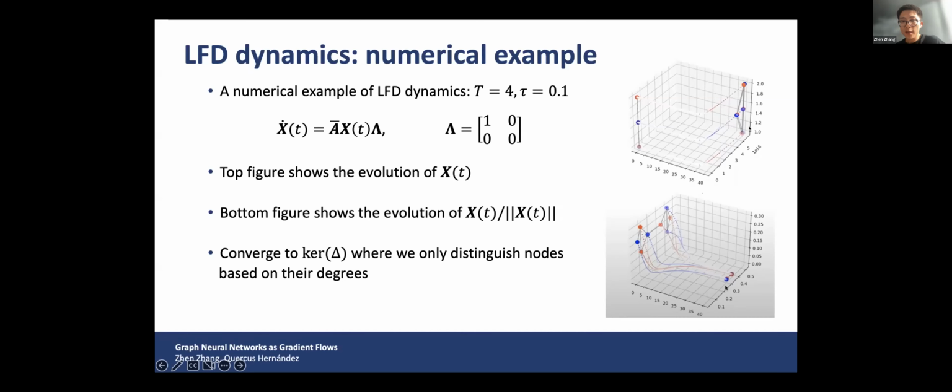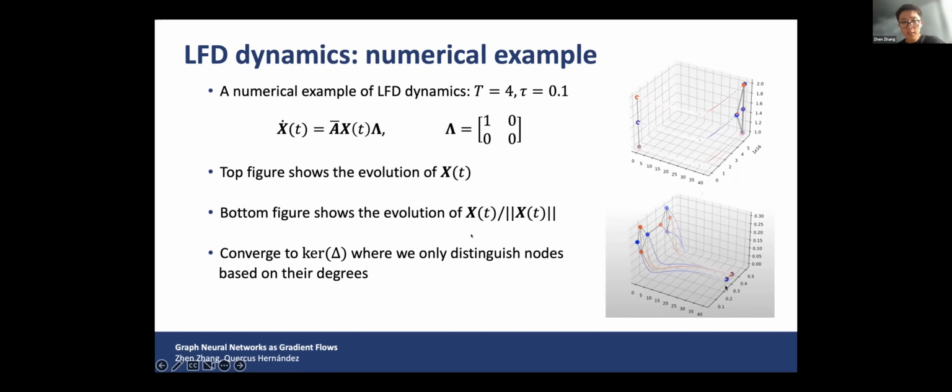We can see from this figure that the x-axis will go to a very large number by evolving these dynamics. So we can hardly tell whether they collapse to the same node or not. So what the information here is that we actually need to normalize x by its norm and plot this normalized version of x to get the correct information. And we can see that this x over the norm of x will actually converge to the kernel of the Laplacian operator. And that is what we observed at the very beginning.